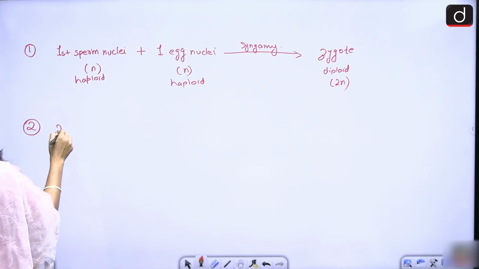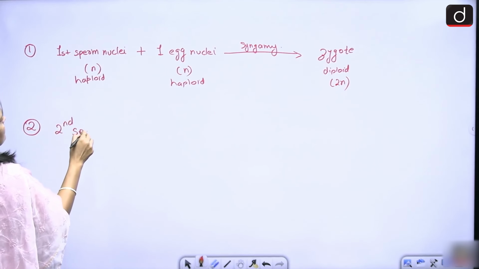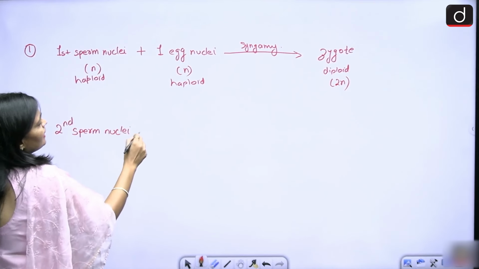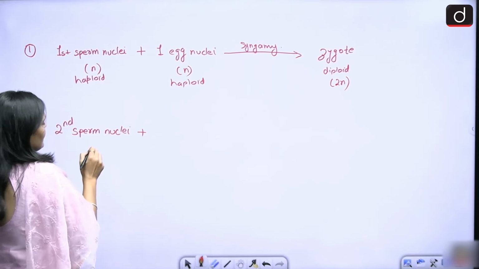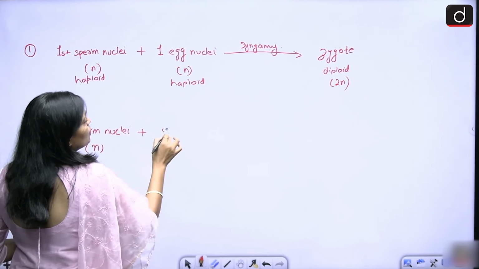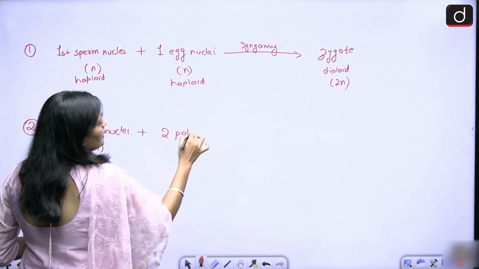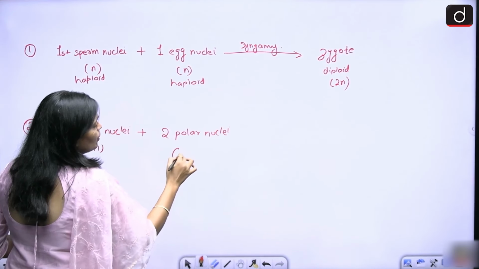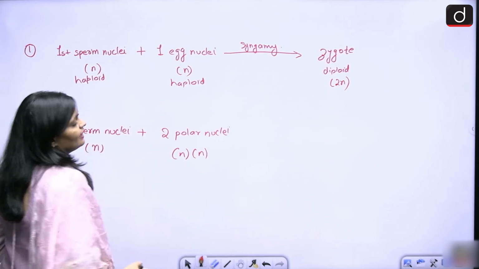Now the second sperm nucleus, which is also haploid, fuses with two polar nuclei, n and n.